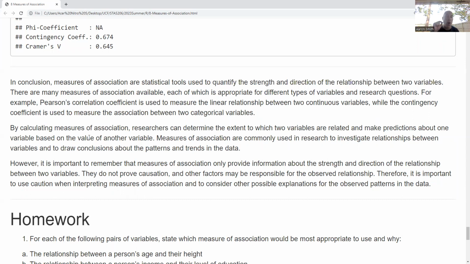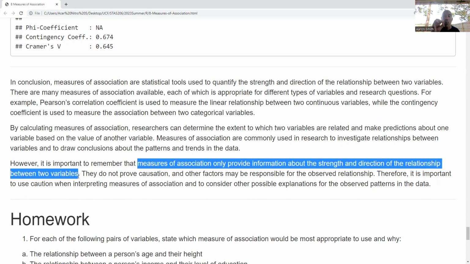Measures of association are commonly used in research to investigate relationships between variables and to draw conclusions about the patterns and trends in the data. However, it is important to remember that measures of association only provide information about the strength and direction of the relationship between two variables.